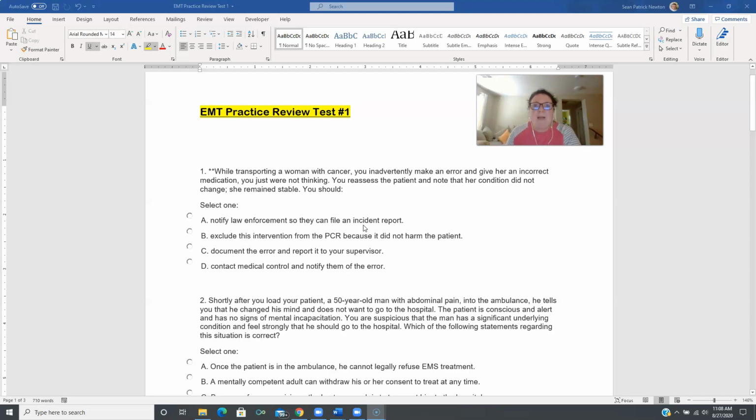And maybe even though you note her condition didn't change, something more complex could be going on. So in that case, the best answer is contacting medical control and notifying them of the error. We would do that first right away. Then we would document it and report it to our supervisor and maybe get further instruction from our supervisor.